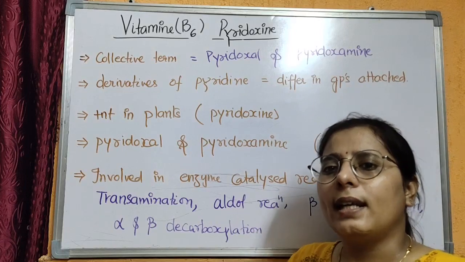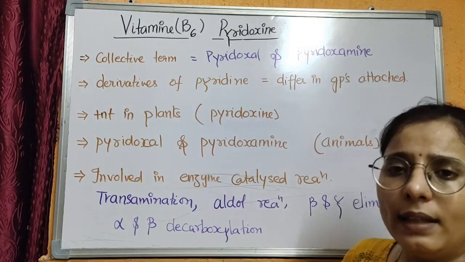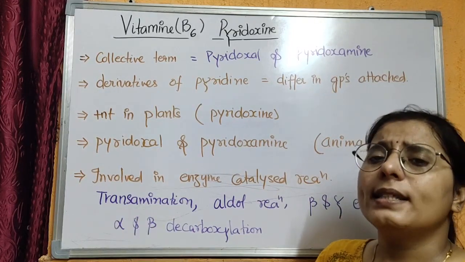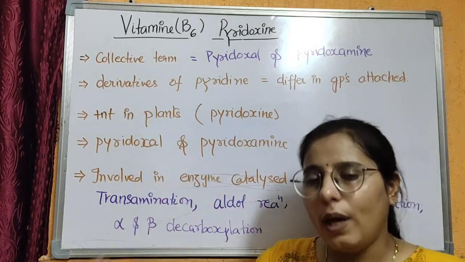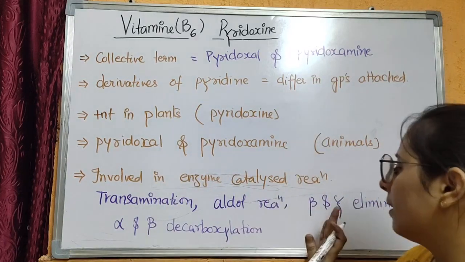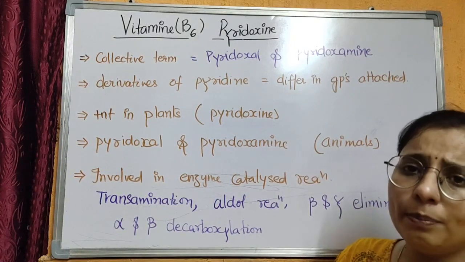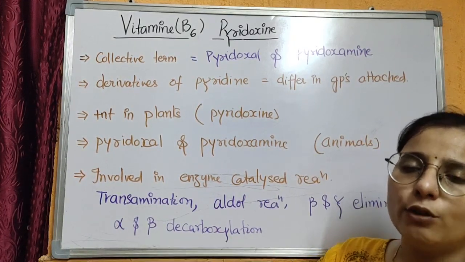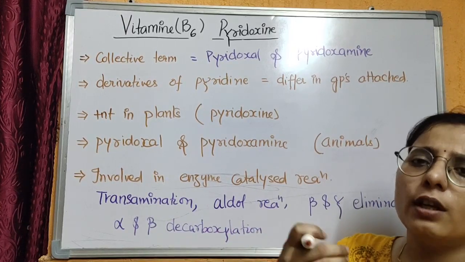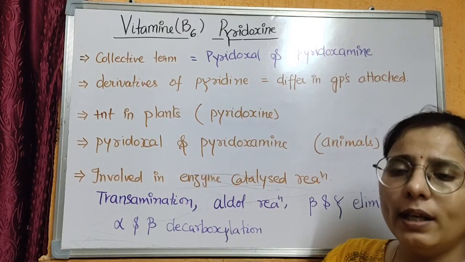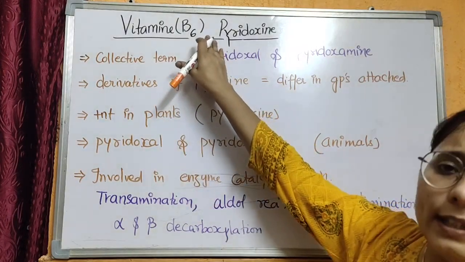Means if a reaction is catalyzed by enzymes, then vitamin B6 is involved in that reaction, and it includes the example of transamination, meaning transfer of an amine group from one molecule to another molecule, aldol reaction, and beta and gamma elimination, meaning elimination of a group from a long molecule, a long hydrocarbon chain, that has a specific functional group at its beta or gamma positions, then that reaction is catalyzed by vitamin B6.